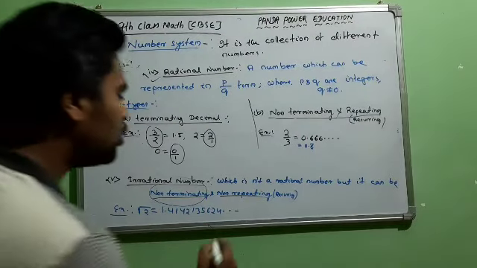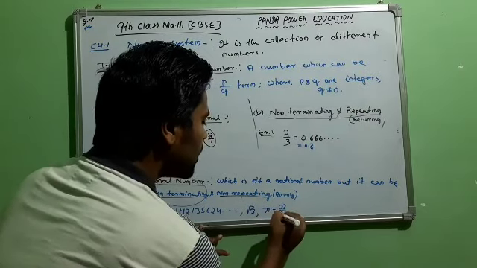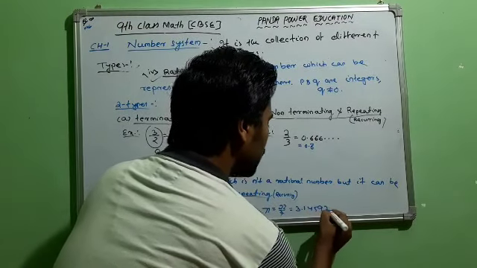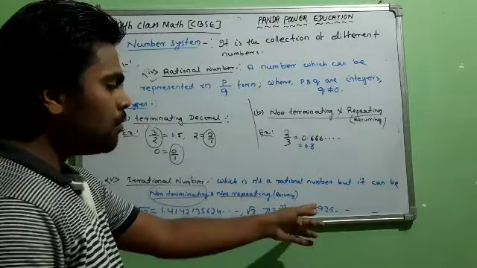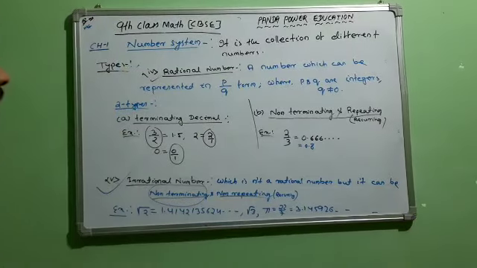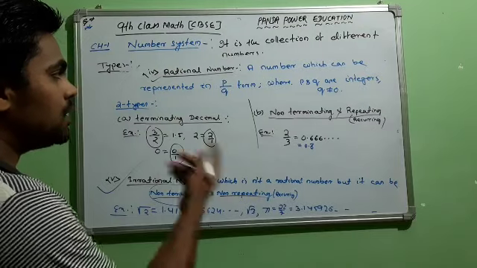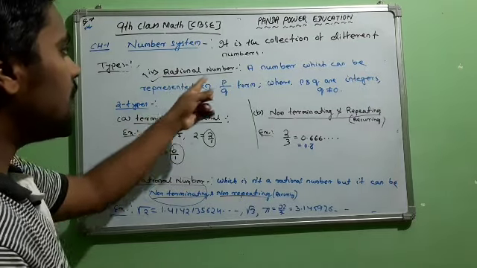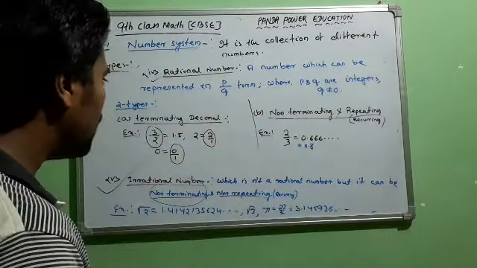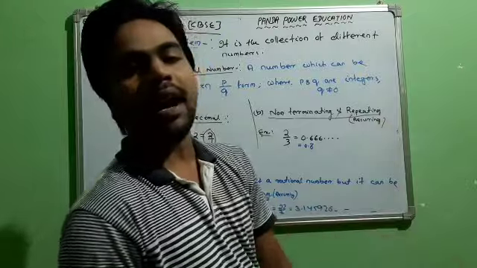That type of number: root 2, root 3, pi. The value of pi, how much? 22/7 is only an approximation; it is 3.14159 and so on, which never stops and never repeats. That means it is an irrational number. What is the difference between rational and irrational numbers? A rational number is in the p by q form, where q is not equal to 0, and it is either terminating or non-terminating and repeating.